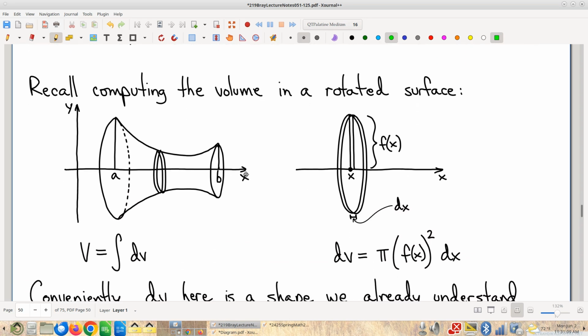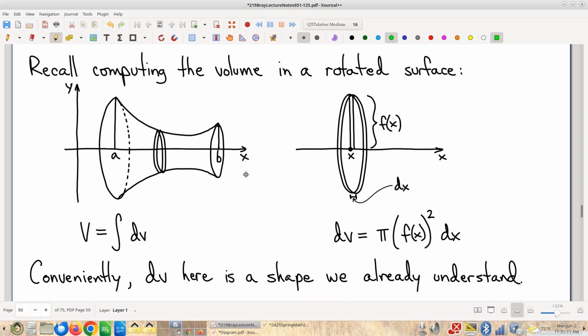Okay, y'all remember all of this. This is just a how-to example application of single variable integrals.